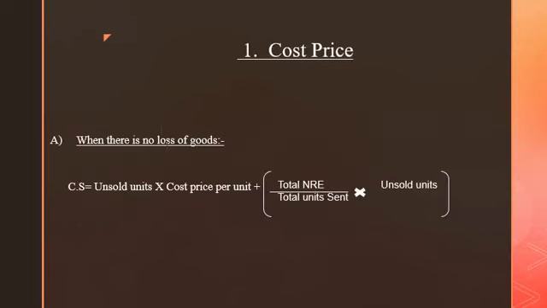The formula under the invoice price method will be: consignment stock is equal to unsold units into, where it is cost price per unit, there you will be writing invoice price per unit. Wherever cost price is there, you will be replacing it with invoice price per unit. And then the same thing, that is total NRE divided by total units sent into unsold units.